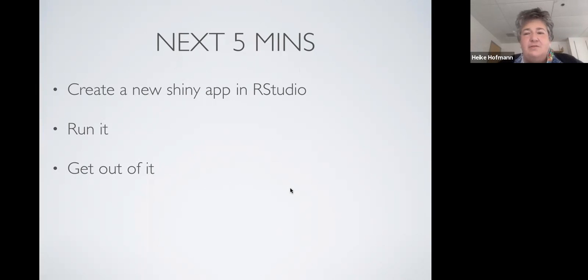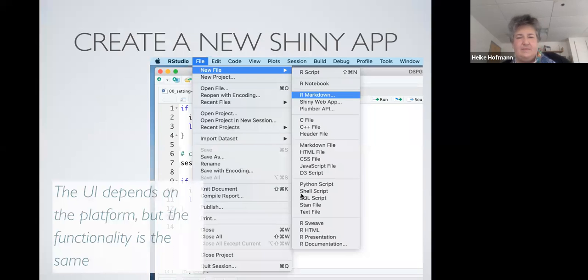Okay, so I'm going to talk through how to create the Shiny app just in the slides, and then we can do it together for real in RStudio. Okay, so the nice thing is that RStudio is really supportive of creating new Shiny apps.